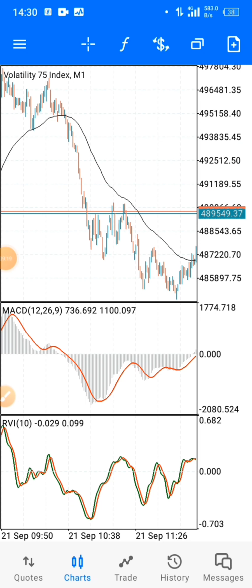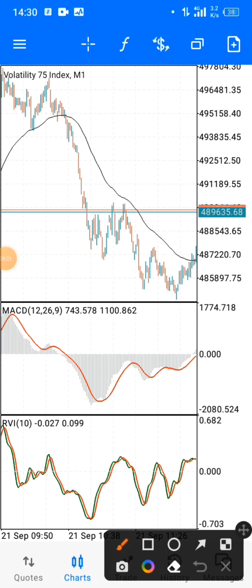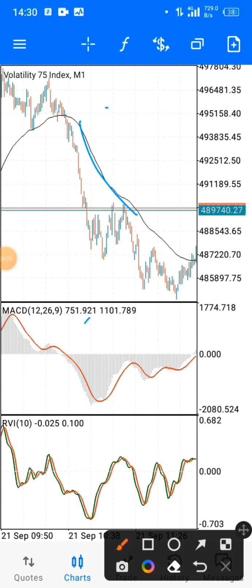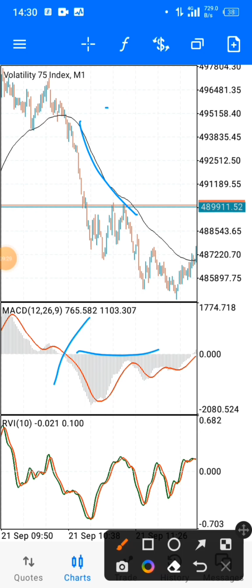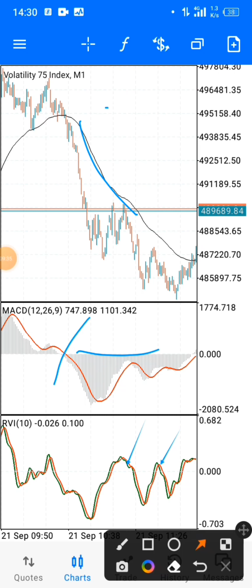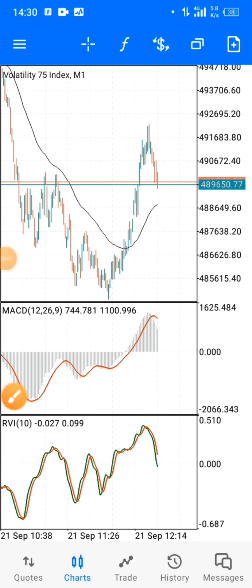Here, below the black moving average, the MACD histogram crossed the 0 level, I enter my sell here. So it's this side and this side. Those are the entries that we had.